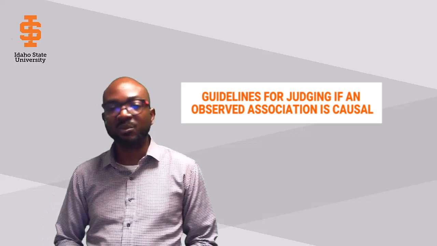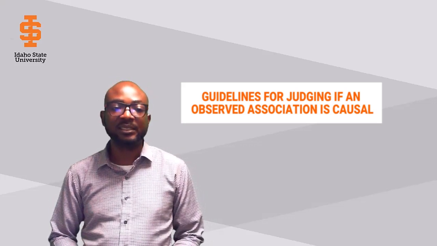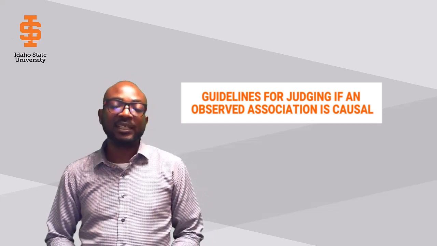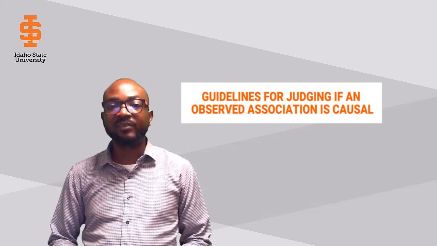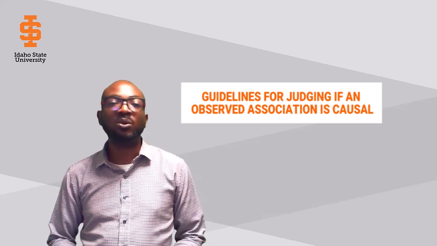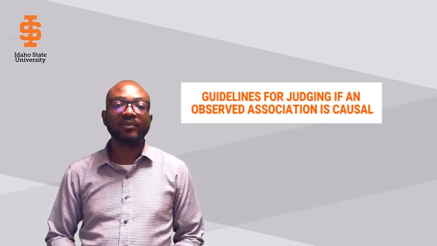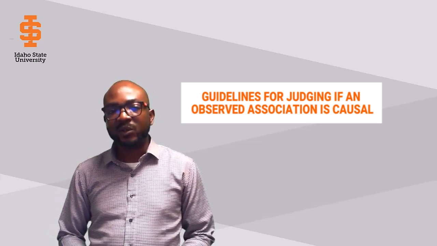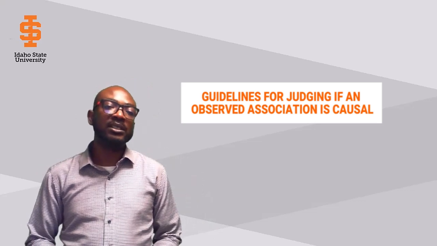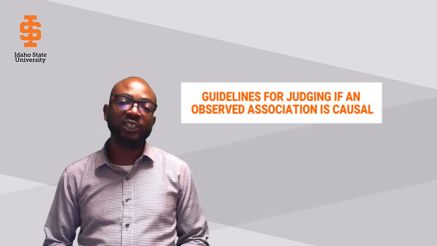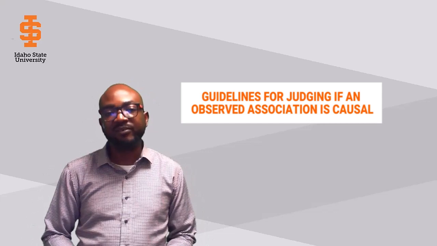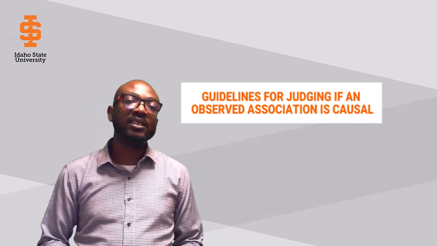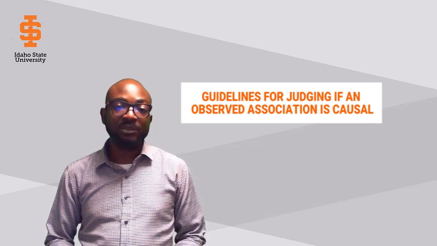Thus, it is not so much a count of the number of guidelines present that is relevant to causal inference, but rather an assessment of the total pattern of evidence observed that may be consistent with one or more of the guidelines. In concluding this discourse on association and causation, the concepts of relative risk and attributable risk are essential for understanding causation and the potential for prevention. We have discussed measures of risk like the absolute risk, relative risk, odds ratio, and attributable risk.